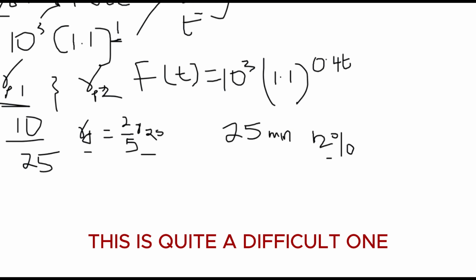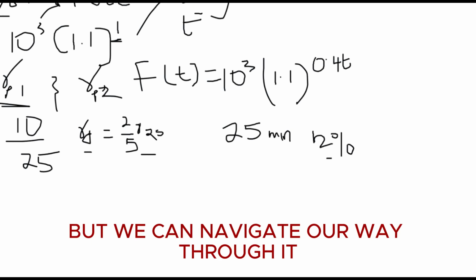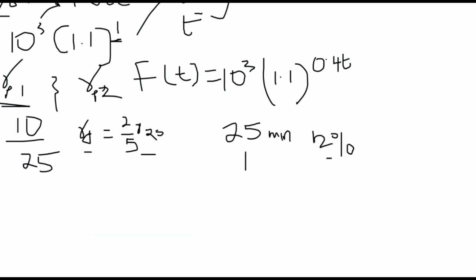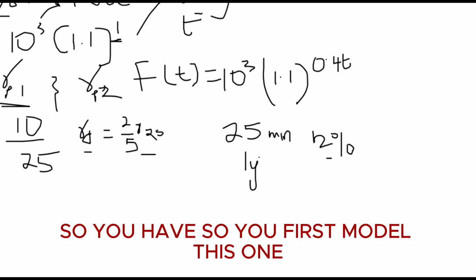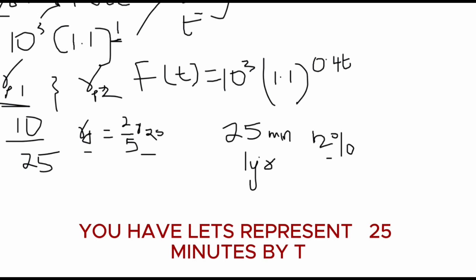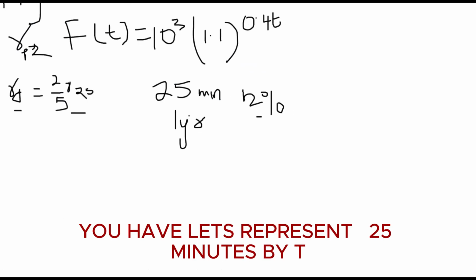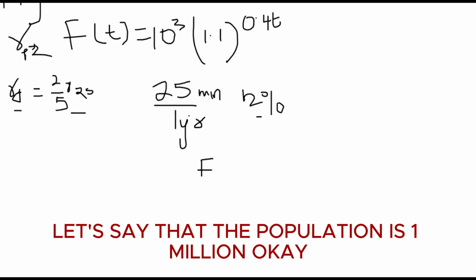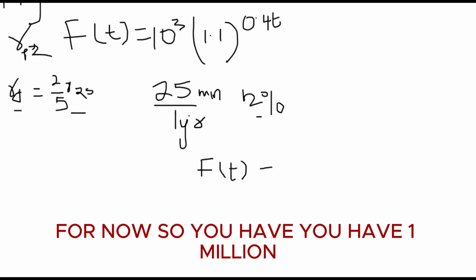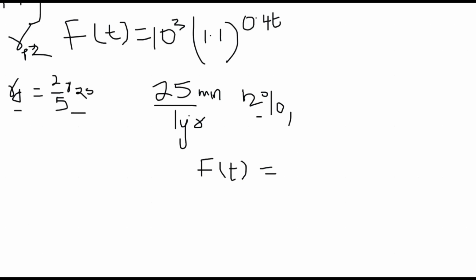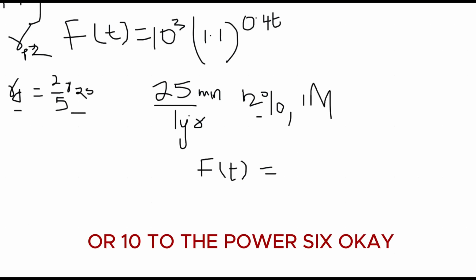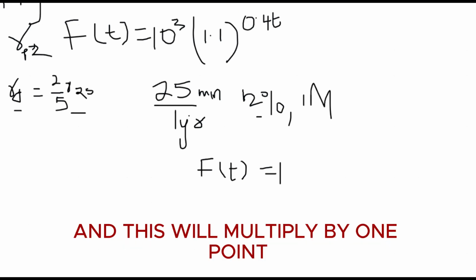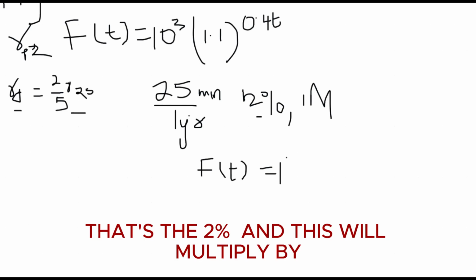Okay, this is quite a difficult one, but we can navigate our way through it. So you first model this one. Let's represent 25 minutes by T. So your final or total value FT will be equal to, and I didn't give the initial, let's say that the population is 1 million. So you have 10 to the power 6, and this will multiply by 1.02, that's the 2%.